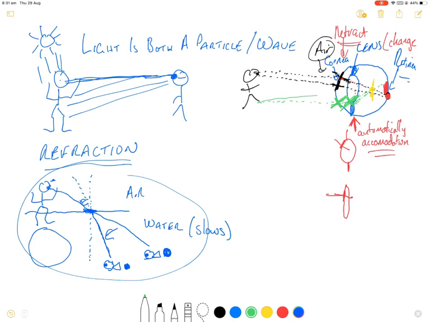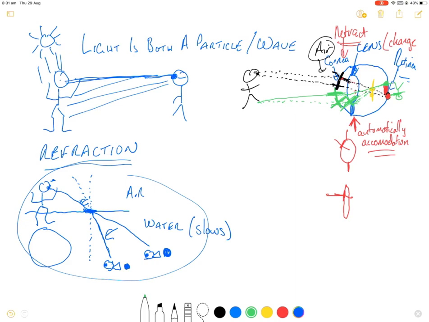If it hits the cornea perpendicular, it passes straight through, and it crosses there as well. So the image that you get on the back of the retina is actually an upside down one, and you'll definitely discuss this in physics and in neuroscience as well.